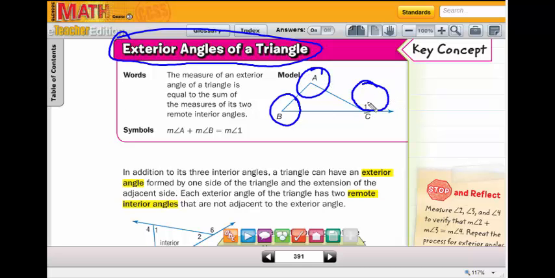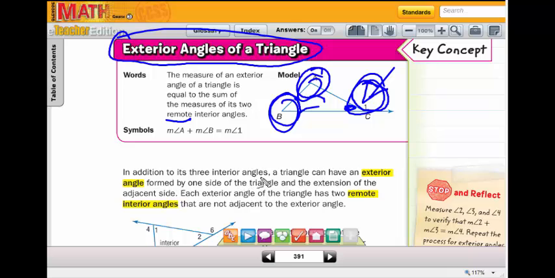This is something kind of interesting about triangles. This exterior angle, that's this one right here, equals the measure of the two that are, when they say the remote interior angles, it's the two away from. Don't include this angle here. We're not concerned with that. So we've got A plus B equals this exterior angle.